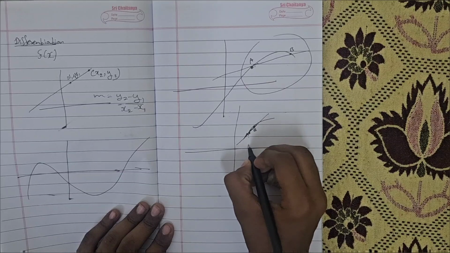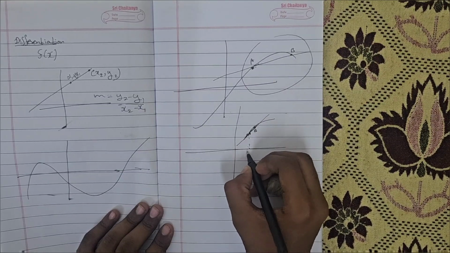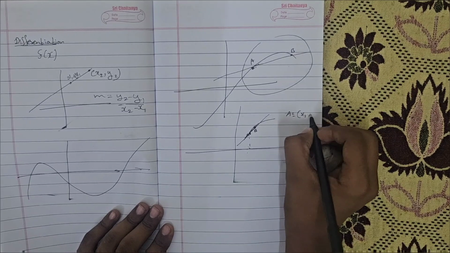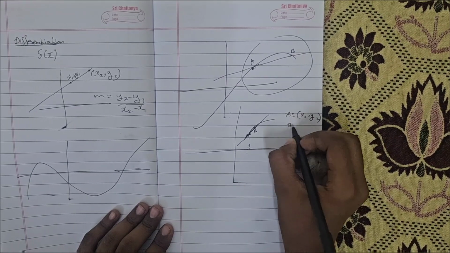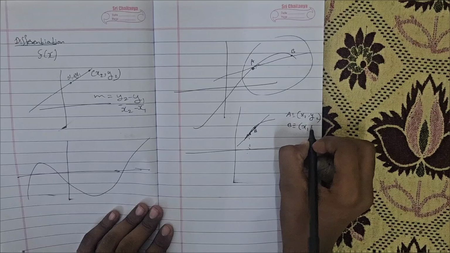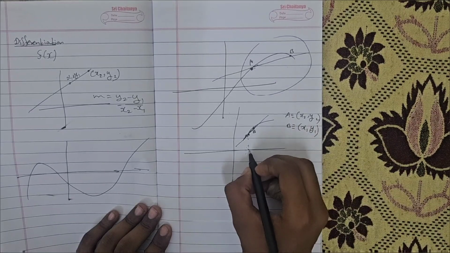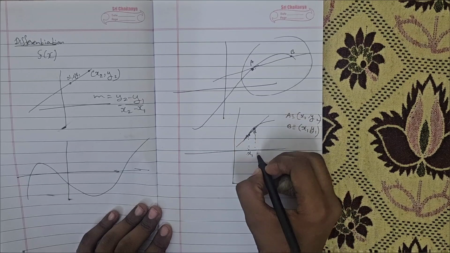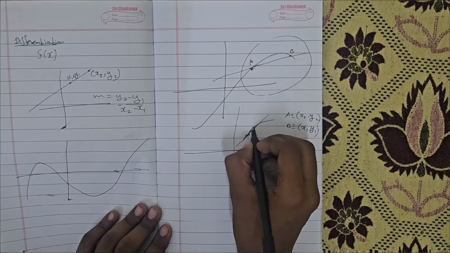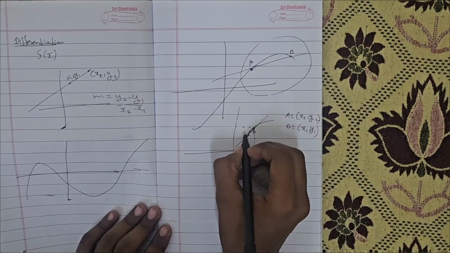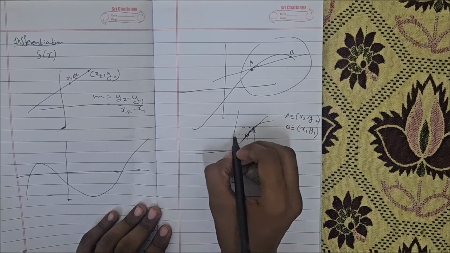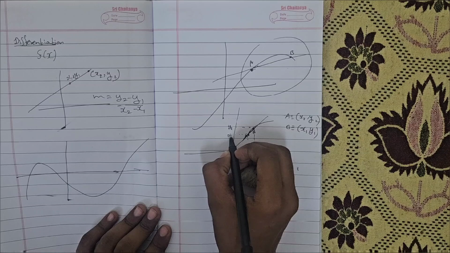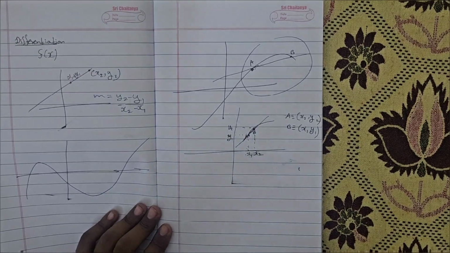Let me take A as x2, y2 and B equals x1, y1. So this must be x1 and this equals x2. Similarly, right here it's y2 and it's y1, right?